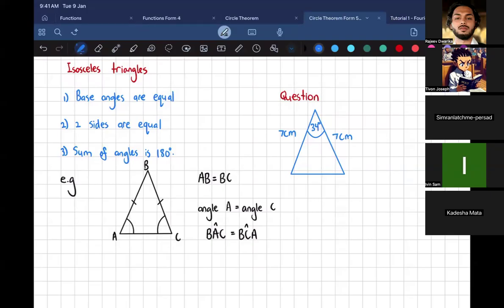So, we have a question. I have two sides and I have an angle. Now, I want you guys to figure out what the base angles are.